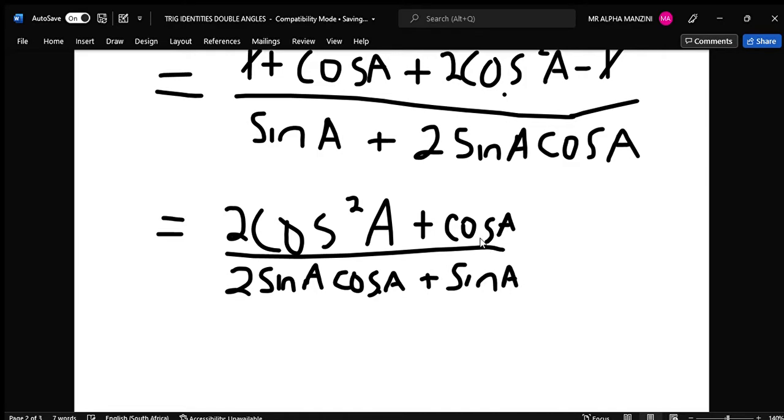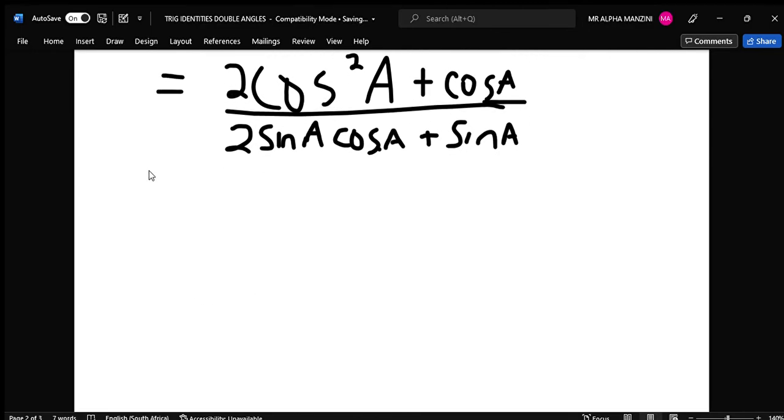Okay, so from here let's check at the top. We have cos and cos, that means we can take cos outside as the common factor and open the bracket.